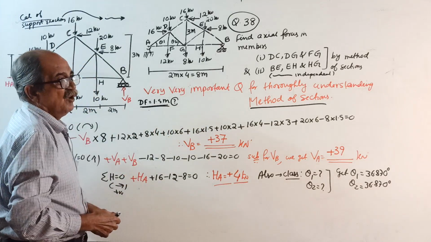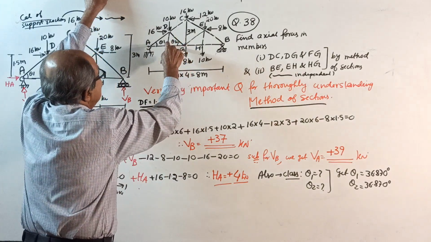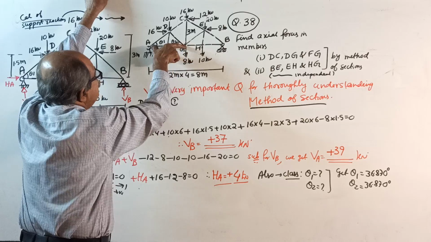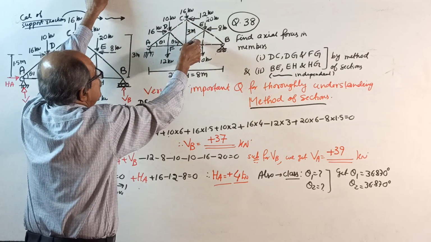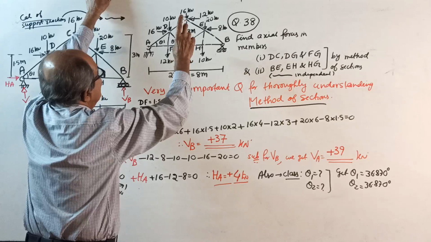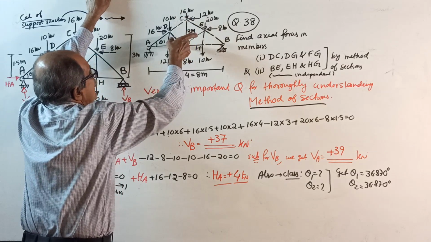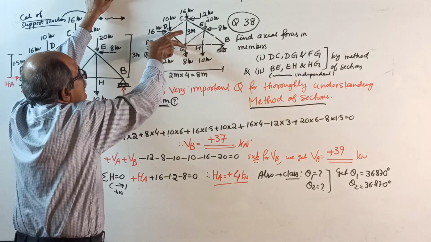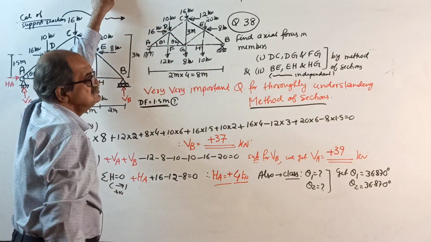See, first of all, this is the midpoint of this member, and this is the midpoint of this member. Project it, so this height will be half of this height. Or, see here, three similar triangles: 3 divided by 4 equals height DF divided by 2.